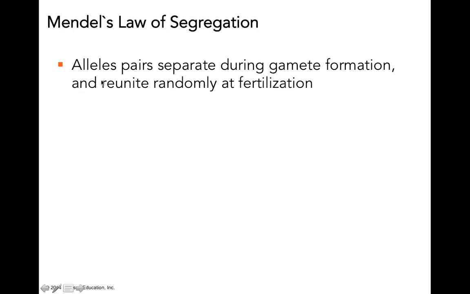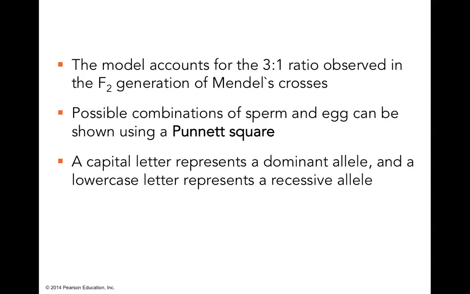Another way of saying this is that during gamete formation, or meiosis in animals, the alleles are going to separate, and then they come back together again at fertilization. And this explains why we see that 3-to-1 ratio in the F2 generation.